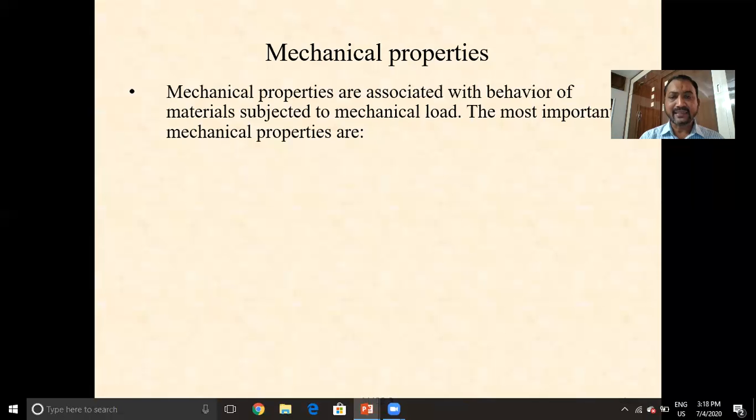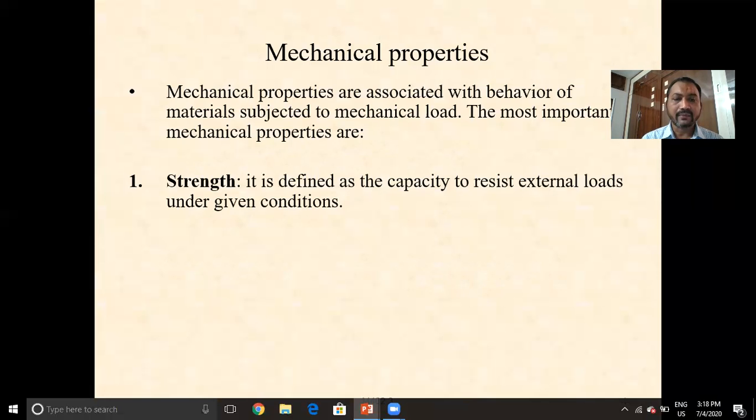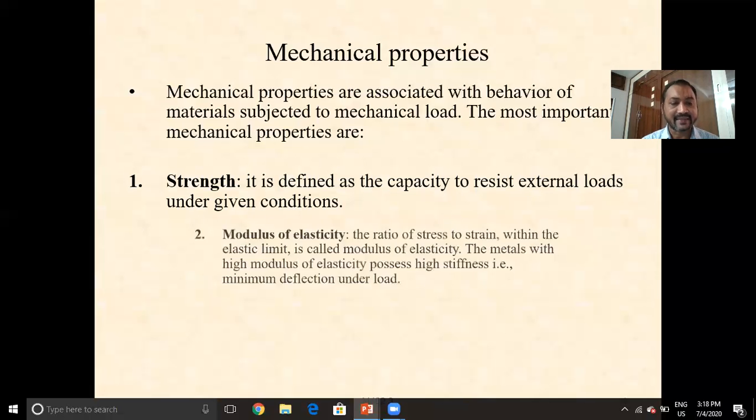The selection of a material for any application in engineering depends on the mechanical properties. So the mechanical properties play a very key role in selecting a suitable material for a correct design and for a particular purpose.